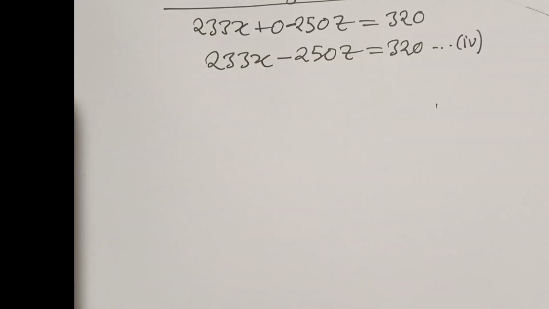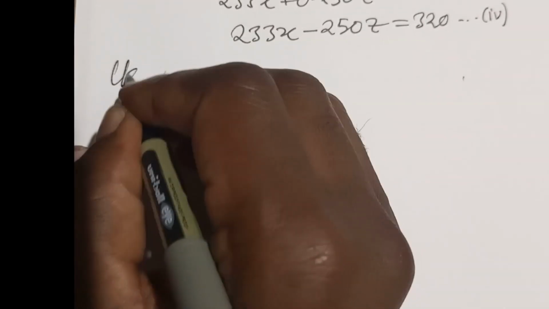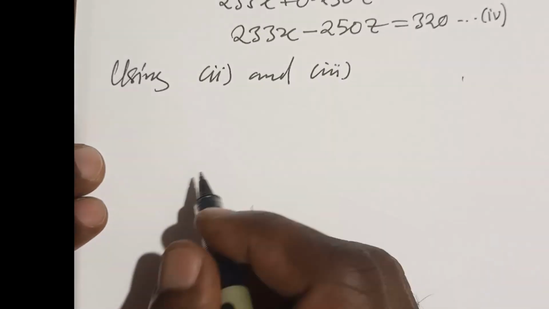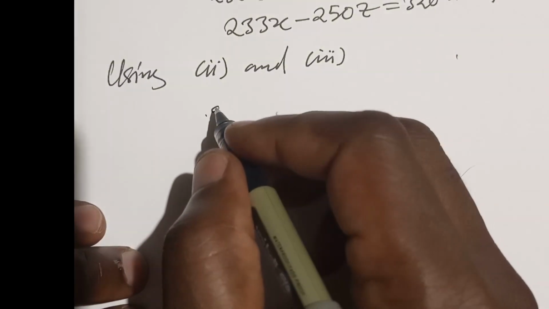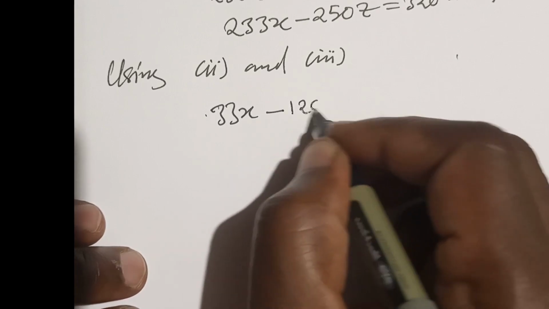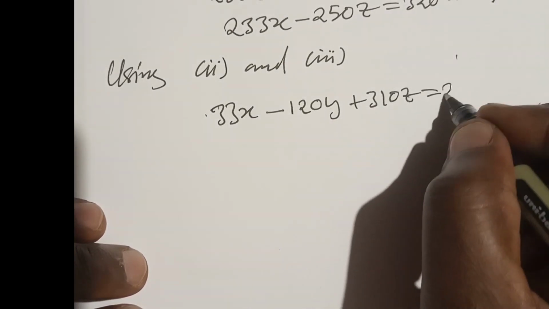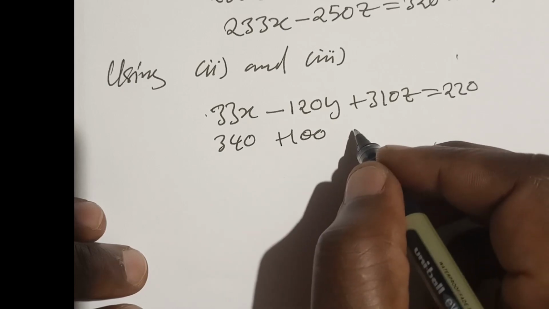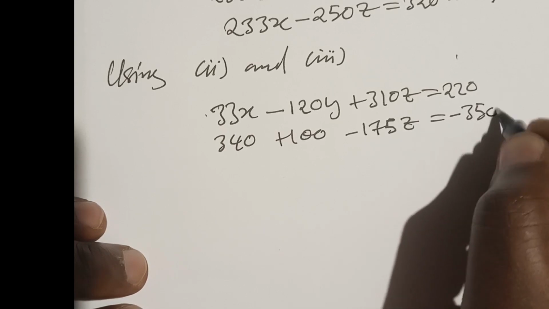So using equation 2 and the third equation, we have 33x minus 120y plus 310z is equal to 220, and 340x plus 100y minus 175z is equal to negative 350.